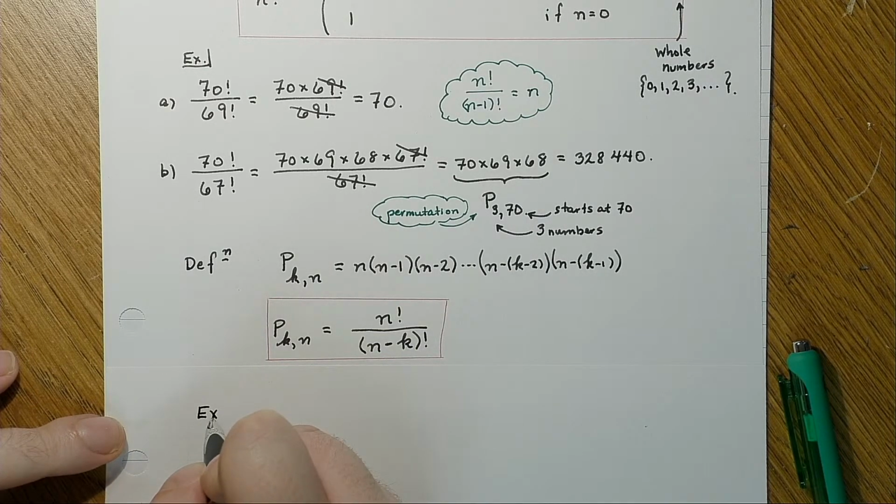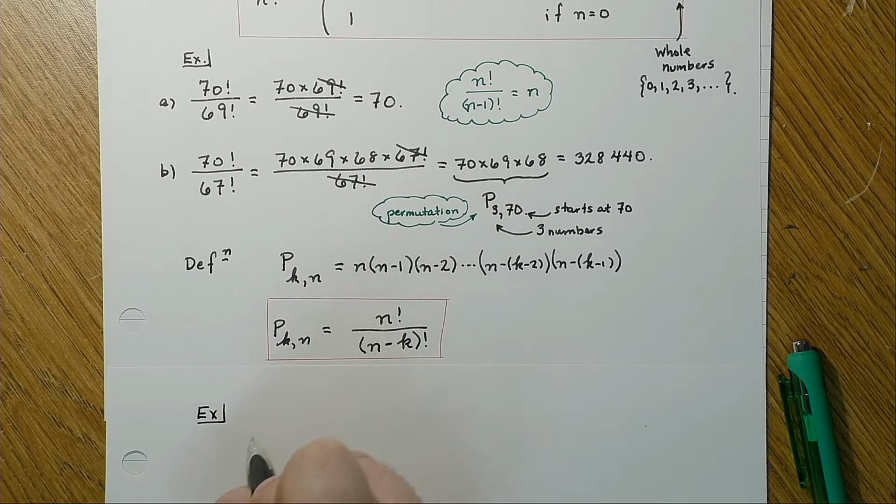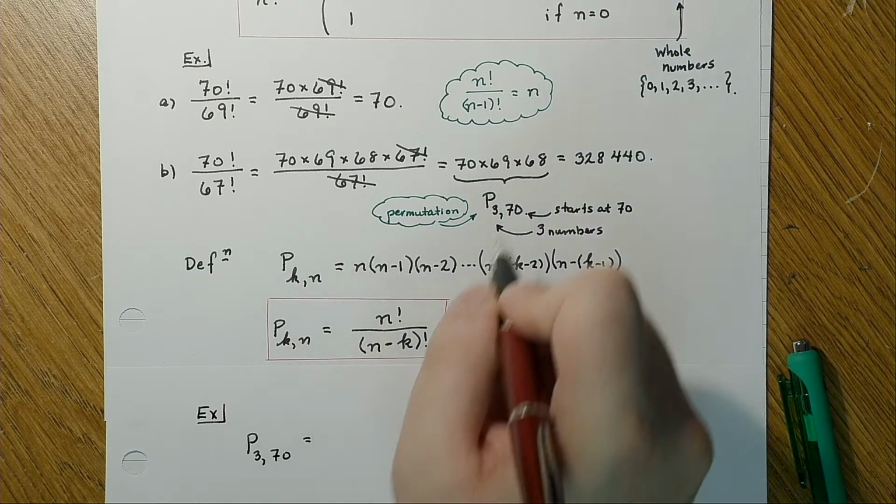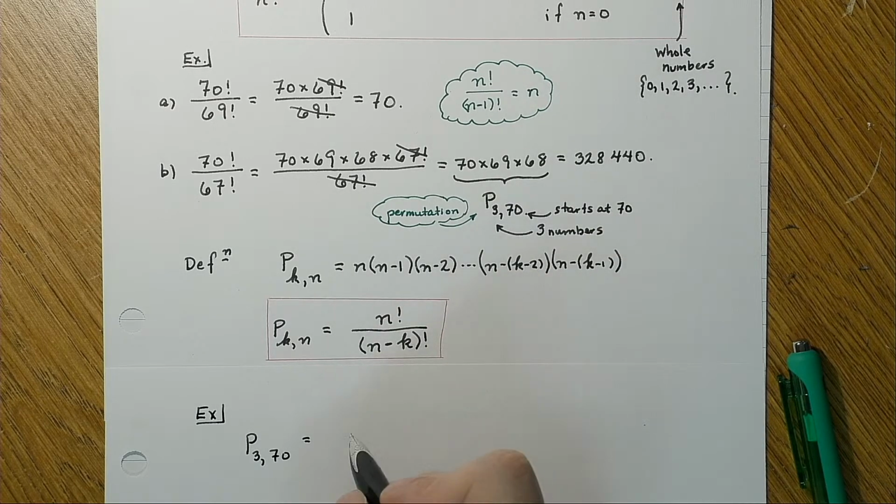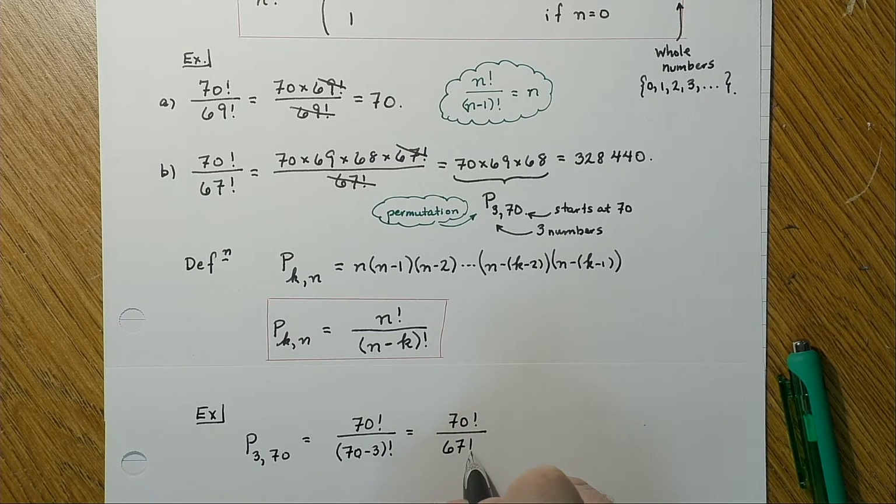Here's my example. If I used P of 3, 70, which we had done up there, using this formula, it's going to be 70 factorial over 70 minus 3 factorial, which gives us 70 minus 3 is 67.